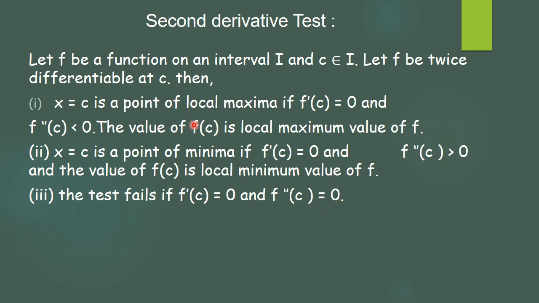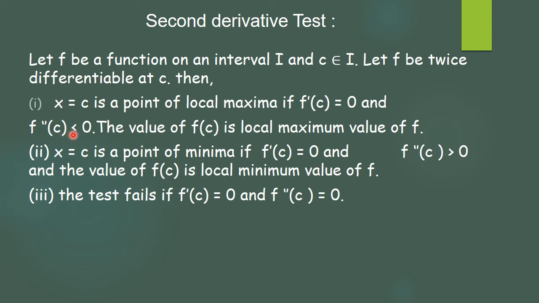Now what it means is, whenever the function is given, first we find its first order derivative, equate it to 0 and try to get the values of c. Depending upon the function, we may get one or two values of c, and for every such c, we find its second order derivative.